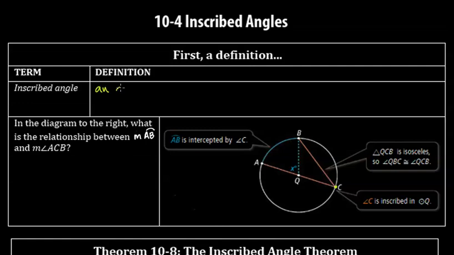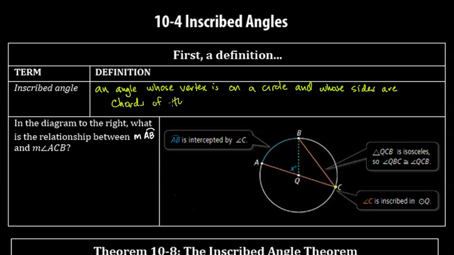So an angle whose vertex is on a circle, and then if you look at the sides of this angle, they're both chords of the circle. So we say an angle whose vertex is on a circle and whose sides are chords of the circle.